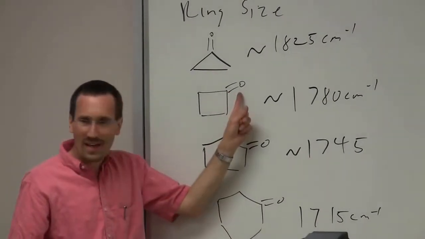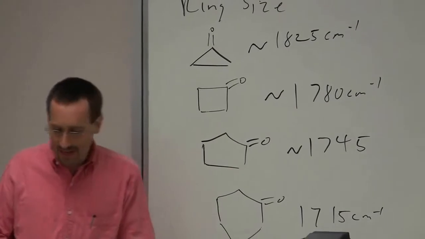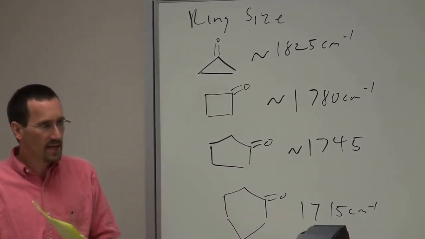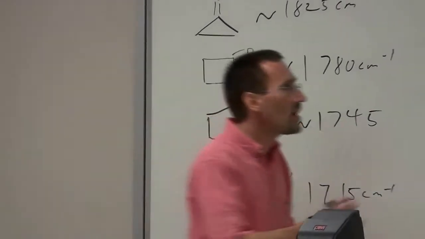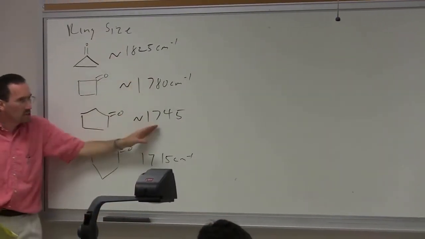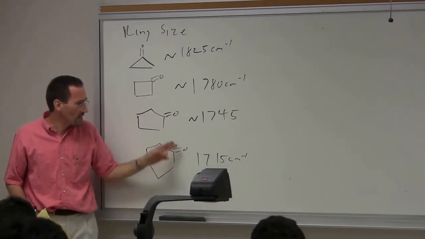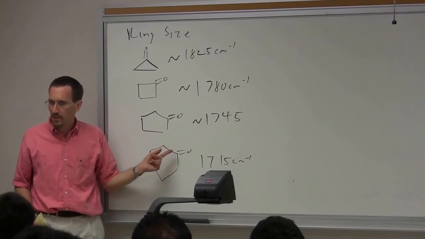So it's sort of counterintuitive because you think strain, oh, that should be bad, and yet it goes in the opposite direction. When you think it through, it actually makes sense. And we're going to see this coming up as a trend a couple of times. And as I was also saying, this should talk to you. NMR is not great for telling a cyclopentanone from a cyclohexanone.